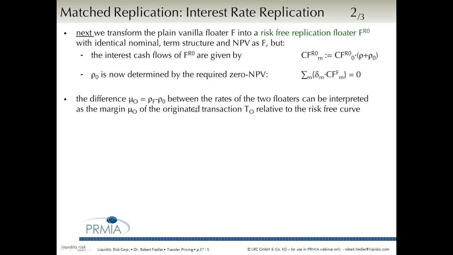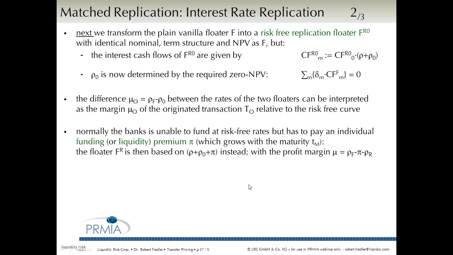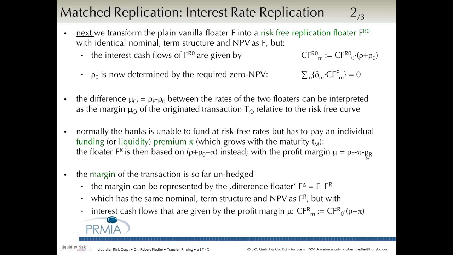The difference between the rates of the two floaters can be interpreted as the margin of the originated transaction relative to the risk-free curve. As the bank is normally unable to fund at the risk-free rates, we have to put another liquidity premium on top of that, the rho L, so the profit margin can be equated as the rate of the floater minus this margin minus the risk-free rate.